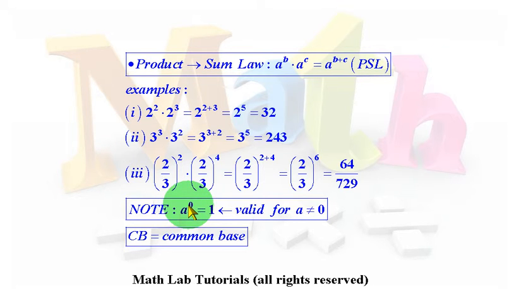You can put any base you want over here except for 0, and a to the power 0 will be 1. For example, negative 2 to the power 0 is 1, and 3 to the power 0 is 1. And also, 2/3 to the power 0 will also give you 1. As long as the base is not 0, you're good to go here.